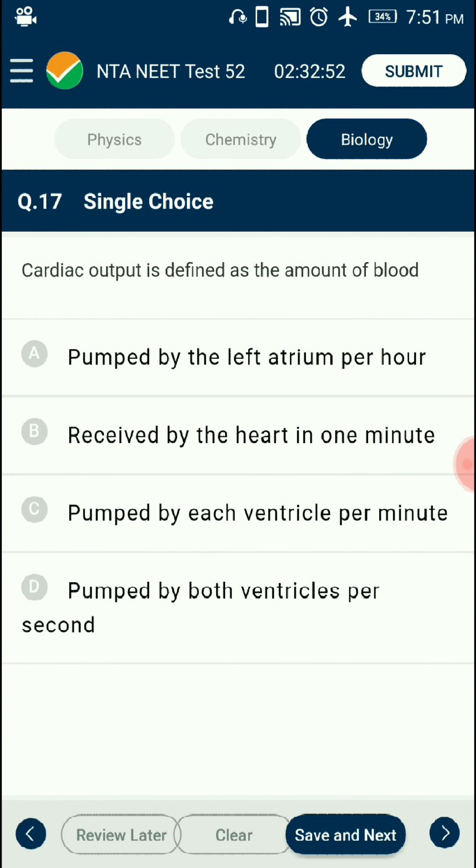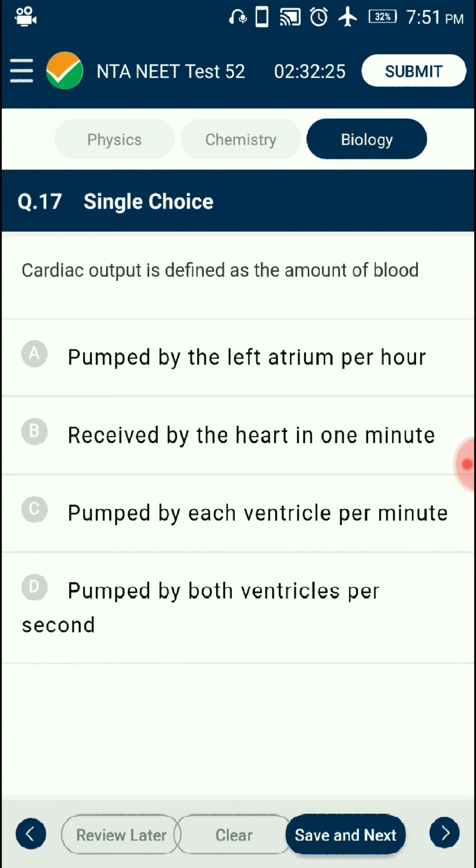Question number 17. Cardiac output is defined as the amount of blood the ventricle pumps out into the circulation. Each ventricle pumps out around 70 ml of blood in each cardiac cycle. This is called stroke volume. Heart rate is the number of times the heart beats per minute, or in other words, the number of times a cardiac cycle occurs in a minute.